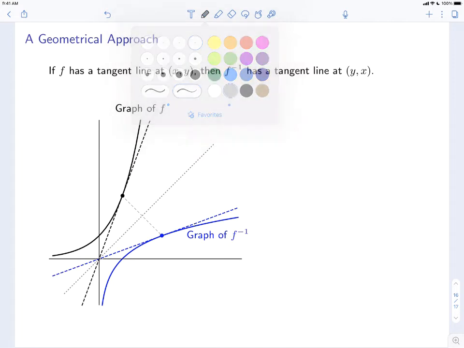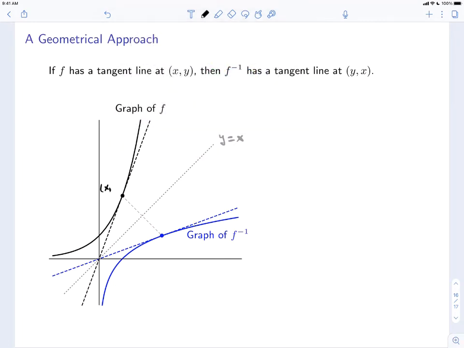So this line here is y equals x. And what that means is that if you start with a point over here, which has coordinates x comma y, if you reflect it through the line y equals x, then they swap roles. So this becomes the point y comma x.